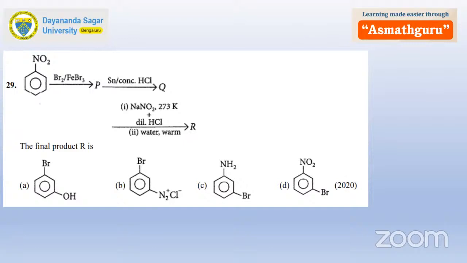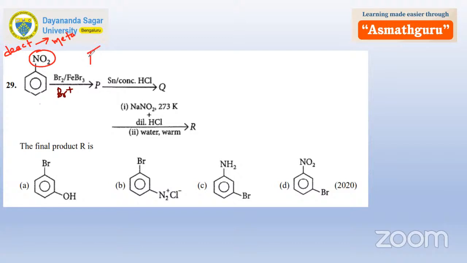He is asking what is the final product R. What you are doing is adding a bromine, and the electrophile is Br plus. That means NO2 is a deactivating group. You know that already, I told you. If it is a deactivating group, the product should be meta.